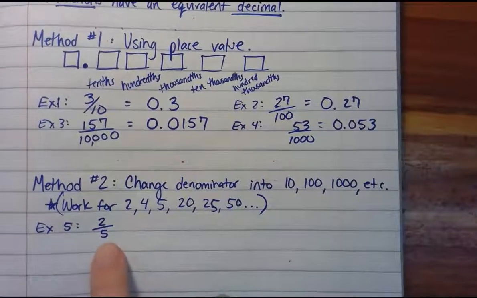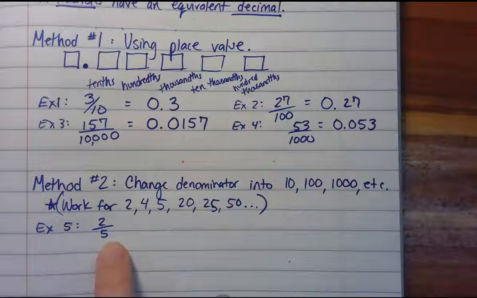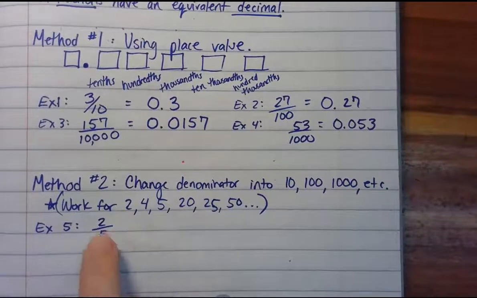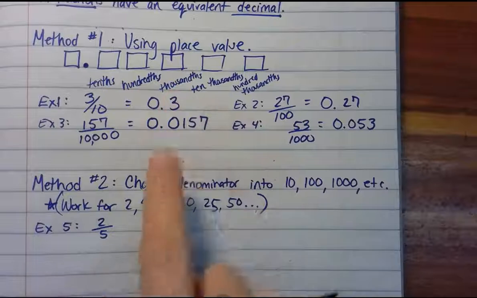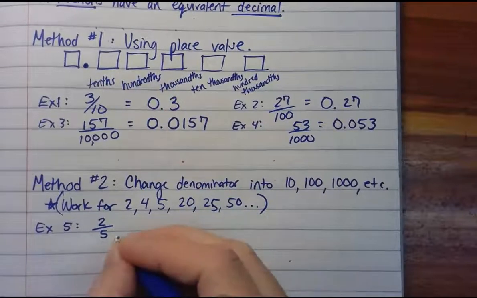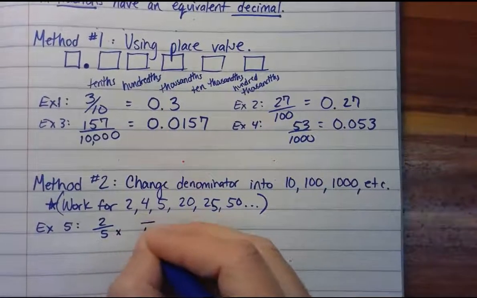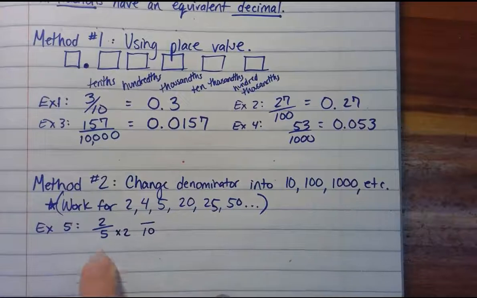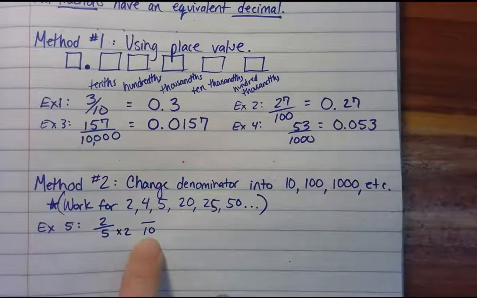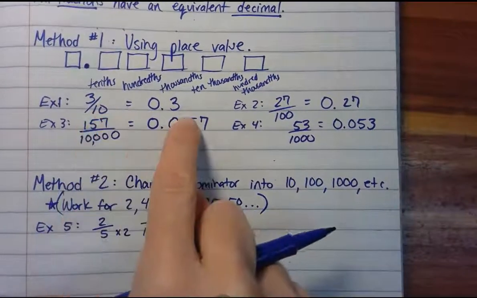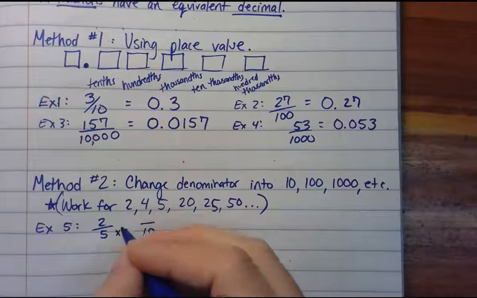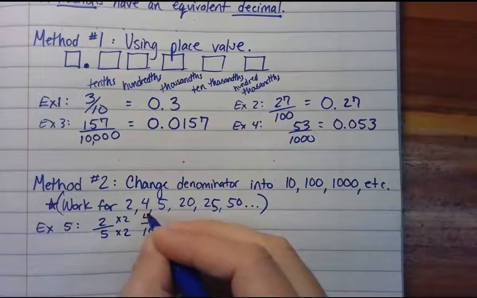But in this case, we do not have a 10 on the bottom of the denominator. So I'm going to look for a way to change the denominator into a 10, a 100, a 1,000. And 5 is a nice number because we actually can change it into a 10. And I would multiply that by 2 on the bottom. So 5 times 2 gives me 10, and that's good because we know how to write tenths as decimals. But if I multiply the bottom by 2, I also have to multiply the top by 2.